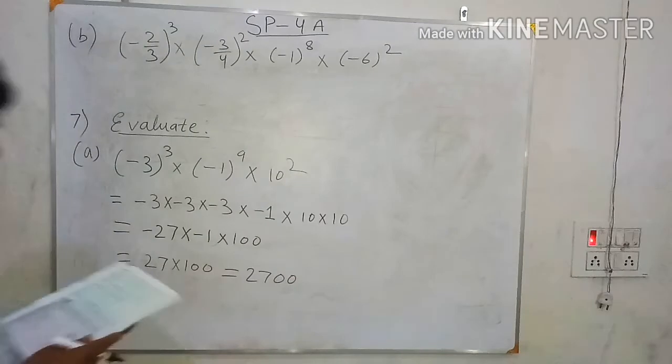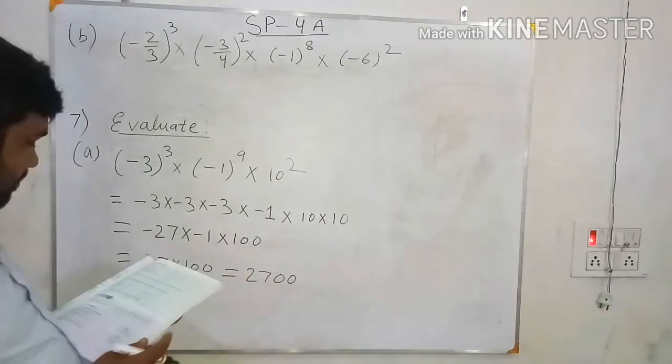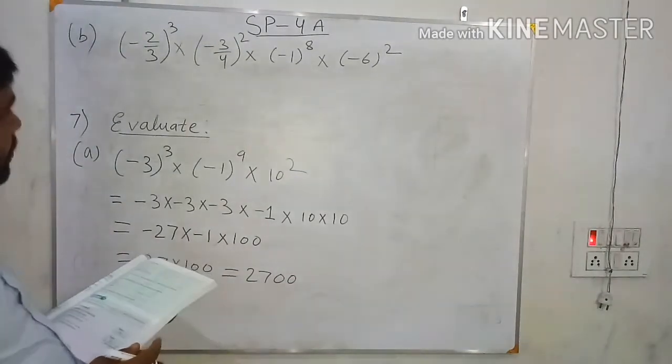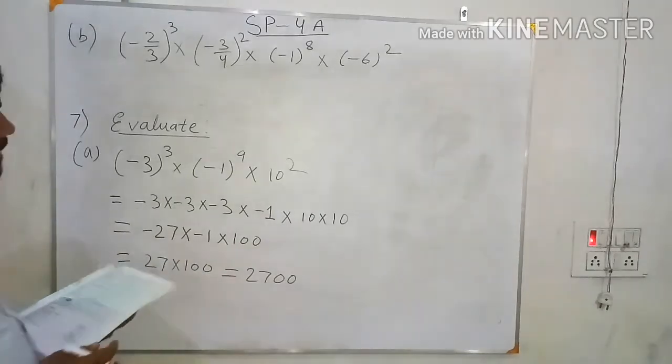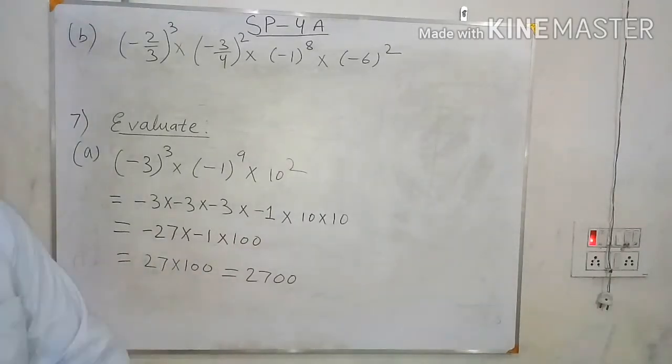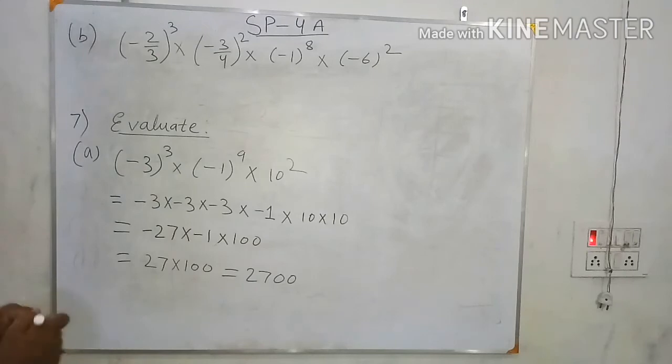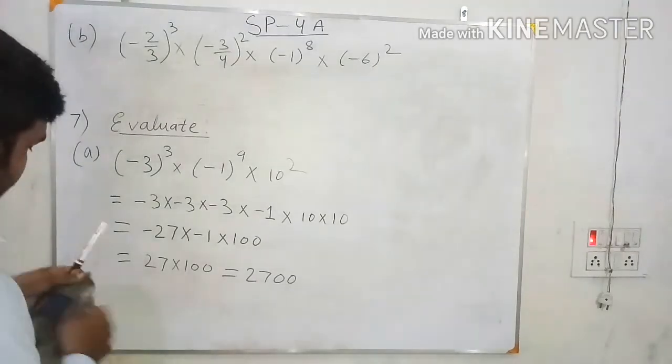So minus 2 by 3 to the power 3 multiply minus 3 by 4 to the power 2 multiply minus 1 to the power 8 multiply minus 6 square. That we have to evaluate. Okay, only this we have to evaluate.